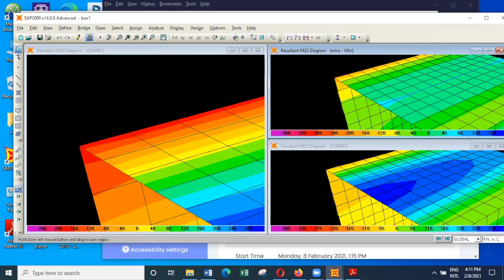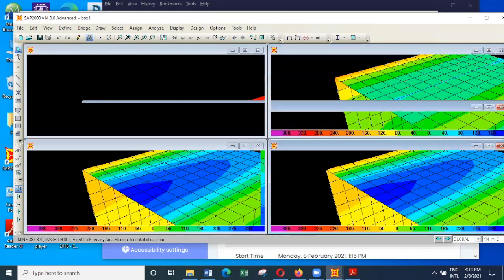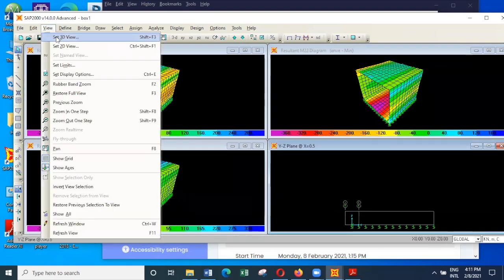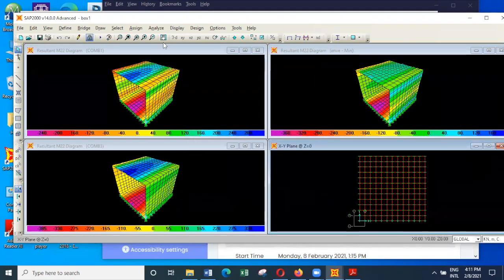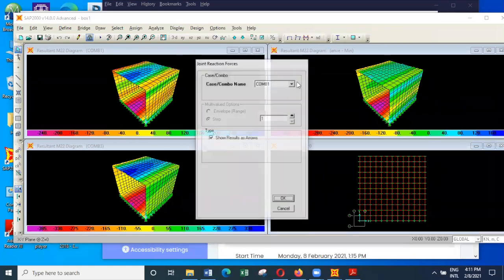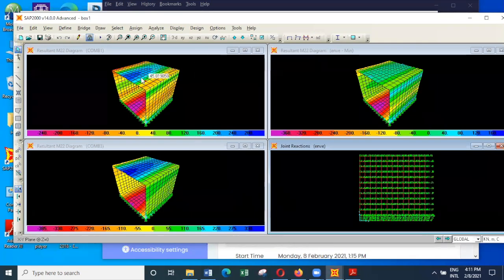And also we look at the 2D view, it's at 0, and display joints, the envelope, and you can see the results.